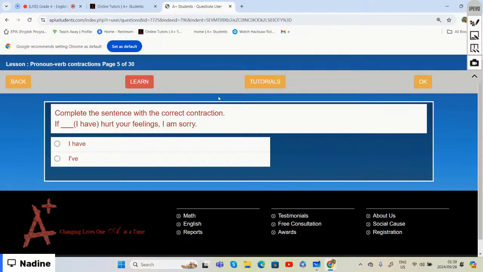If we shorten I have, do we write it like option one and say I have?